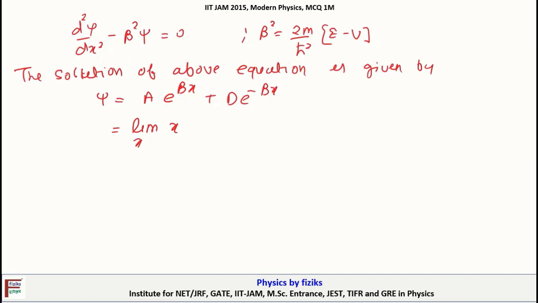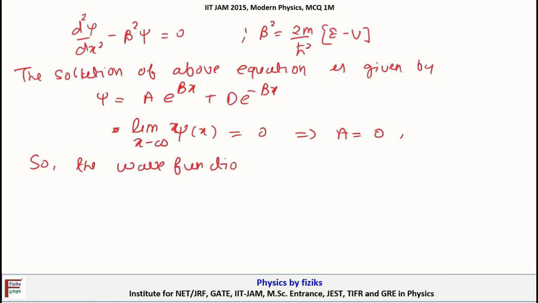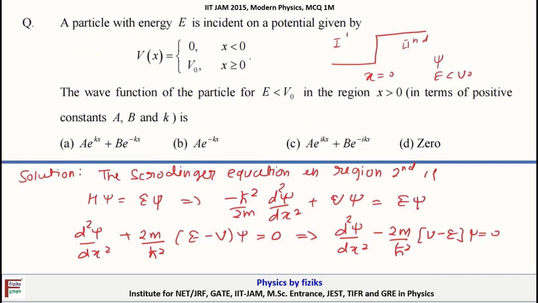As x tends to infinity, ψ(x) must be 0, which implies A must be 0. So the wave function in region x greater than 0 would be D e to the power minus beta x. So let us check the options. That means option B is our correct answer.